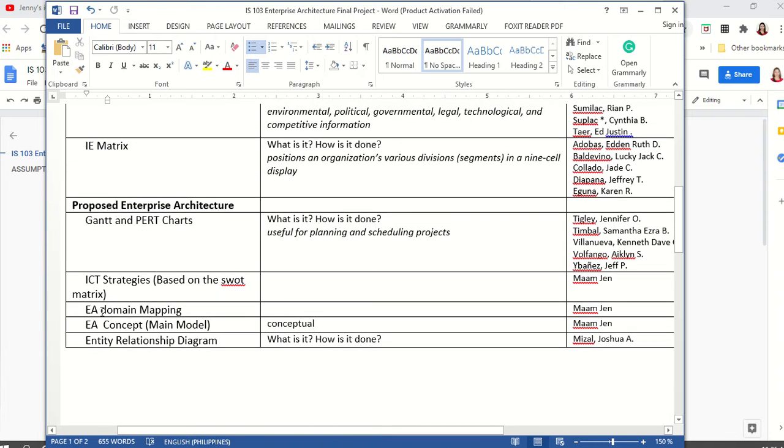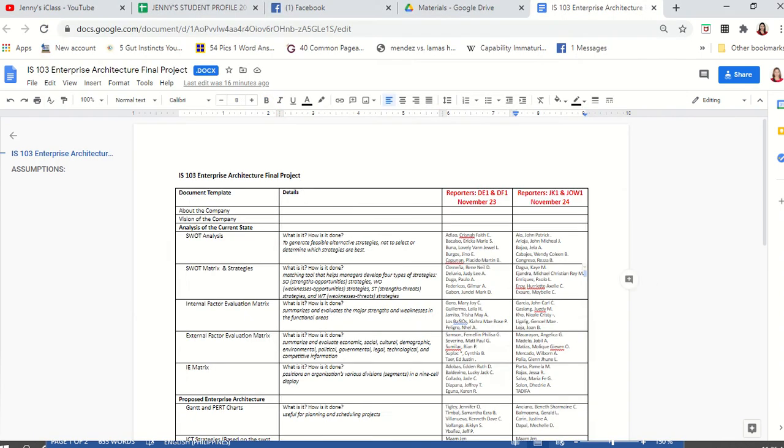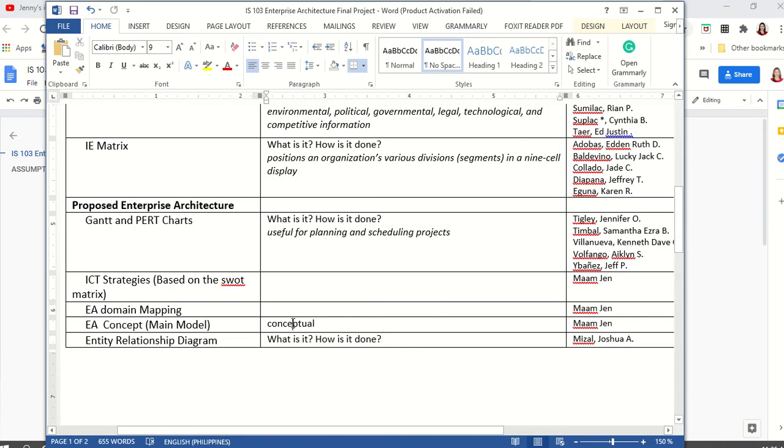So we also have EA domain mapping and we have the EA concept. Yesterday, if you noticed in the video, I showed something like a conceptual framework. Wait, sorry. Yes, I showed the conceptual framework.